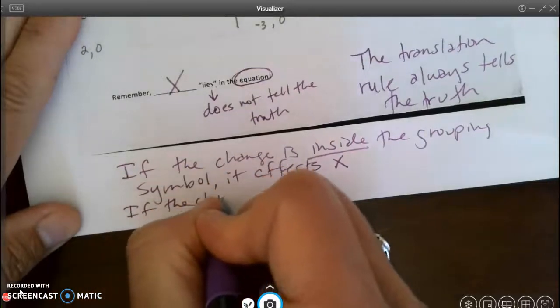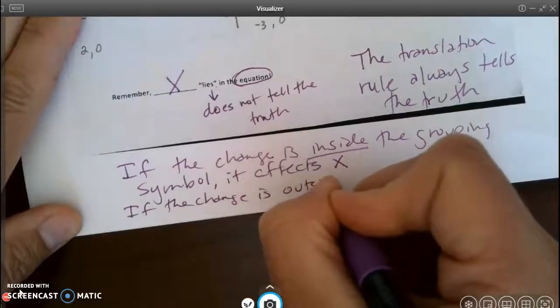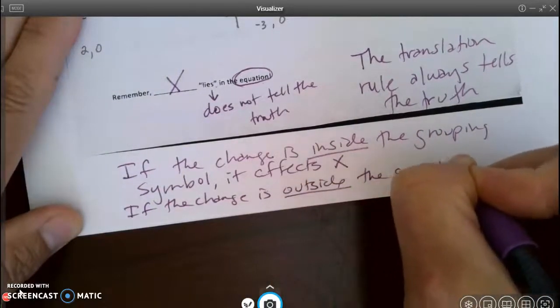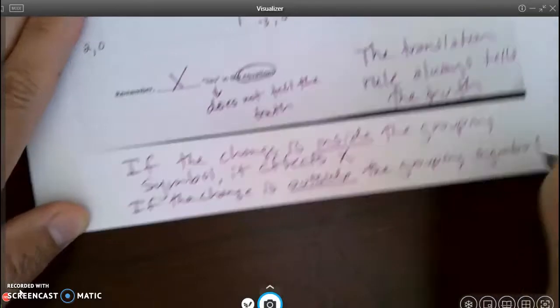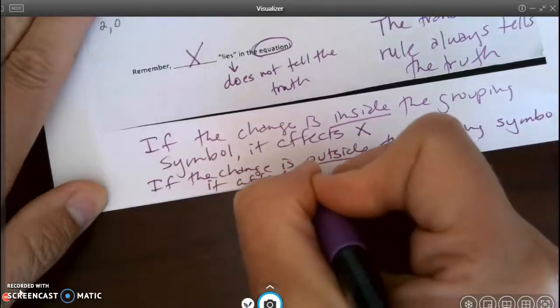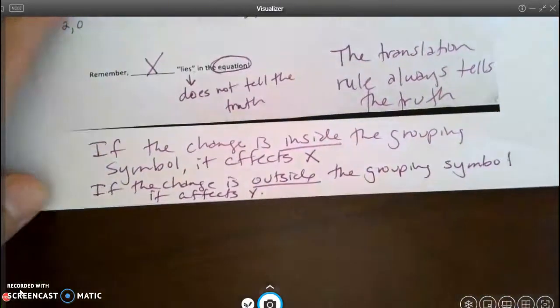If the change is outside the grouping symbol, it affects y. Okay, so that's our difference there.